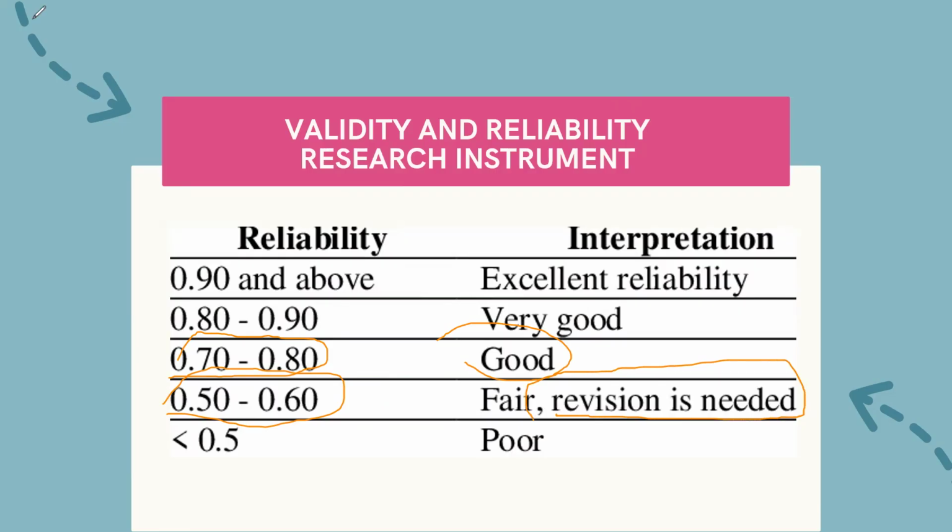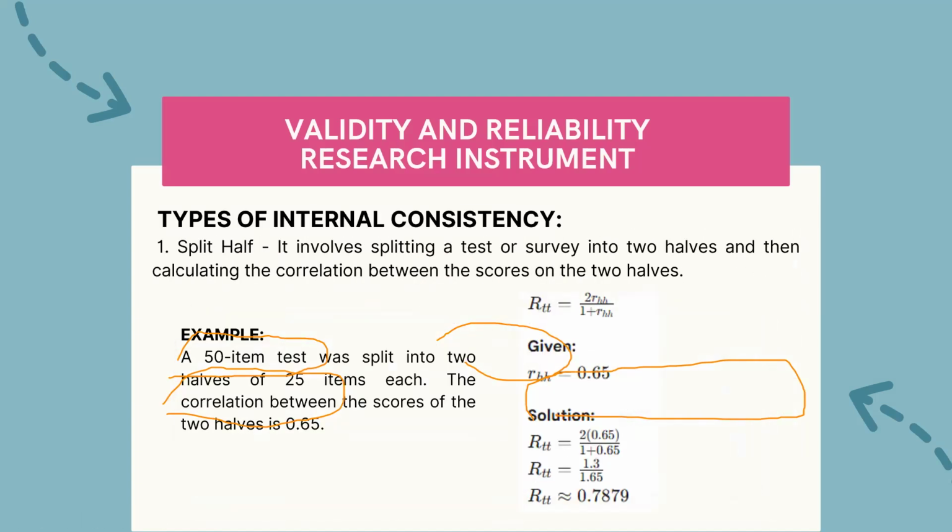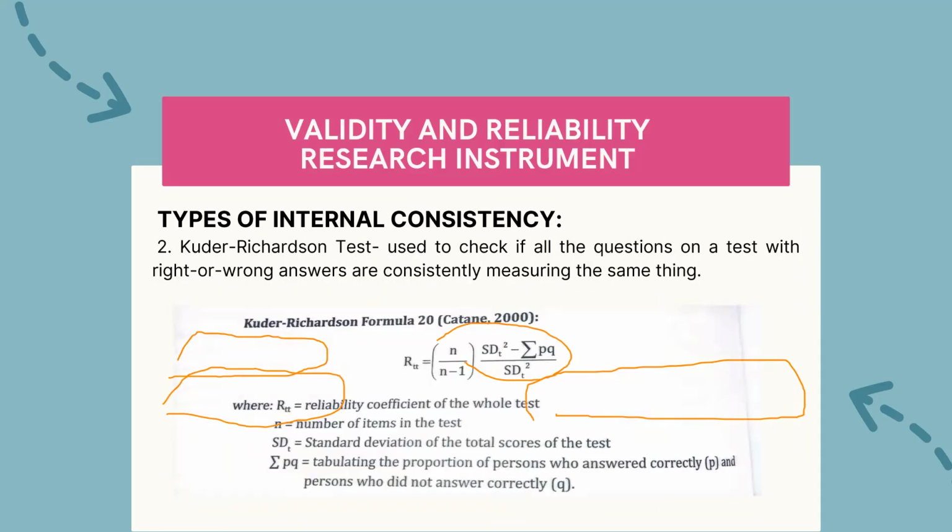Okay, so let's go back to our previous discussion. Again, we do have the split half. We have two more. We have the Kuder-Richardson. This is not commonly used, but we will have a glimpse of this.